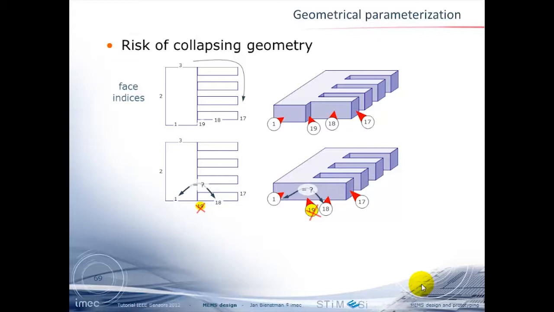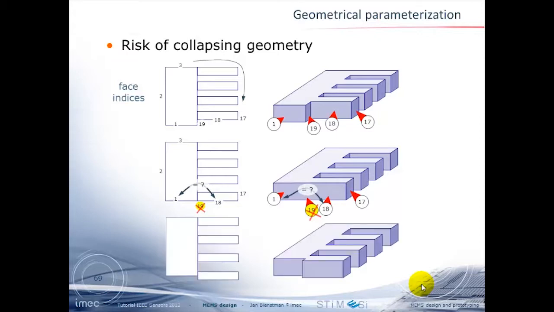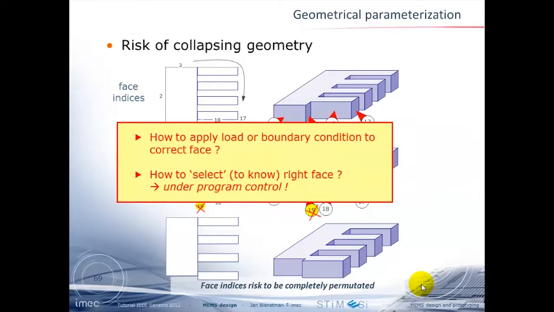So that's what I call collapsing geometry. And okay, if you further move the distance, 19 appears again, but then you will constrain or have an electrical force on a completely different side. Okay, and that leads me to the question, how to apply.